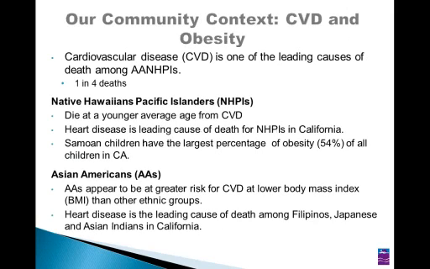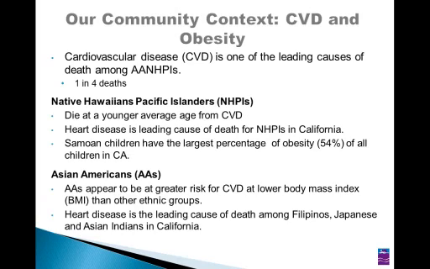Just to give you all a little bit of context of CVD, or cardiovascular disease, among Asian American, Native Hawaiian, and Pacific Islanders, it is now found to be one of the leading causes of death among AANHPIs. In 2007, it accounted for 1 in 4 deaths. We've also found that the aggregate data shows obesity prevalence is generally low for Asian American populations when the data is all put together.